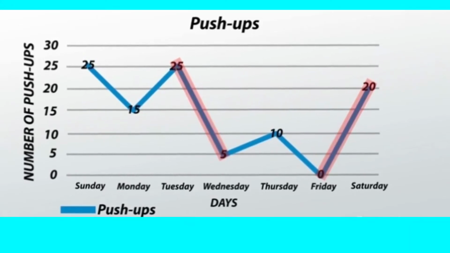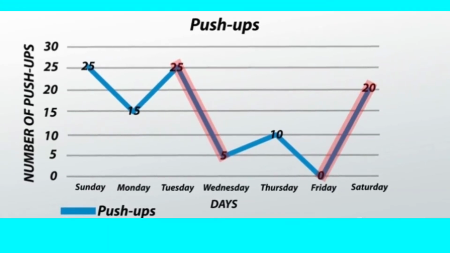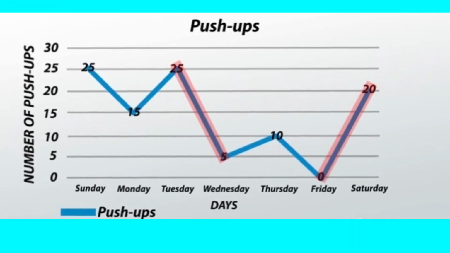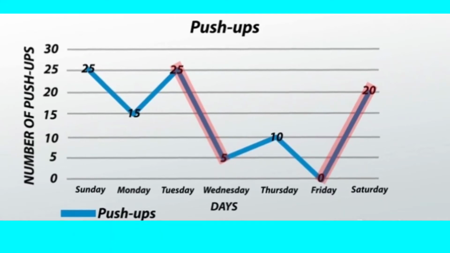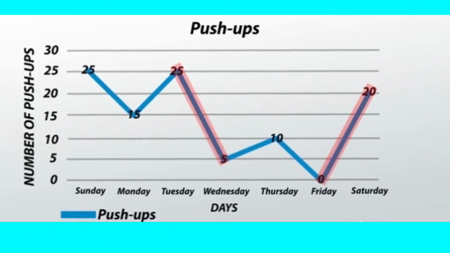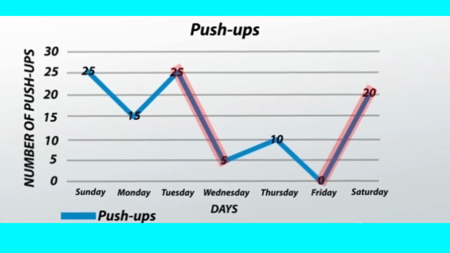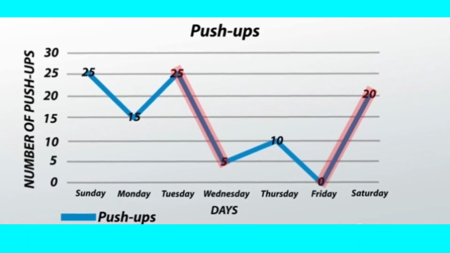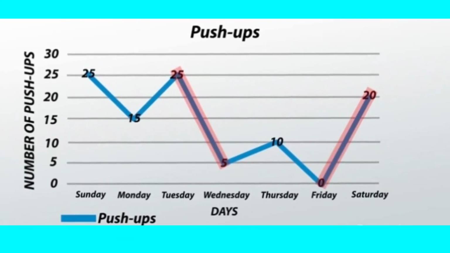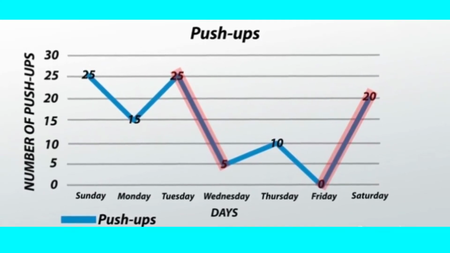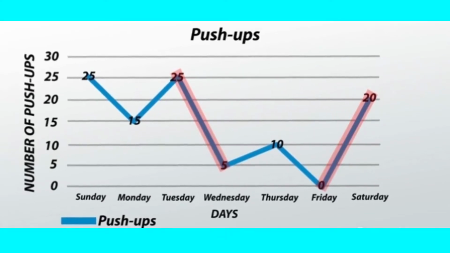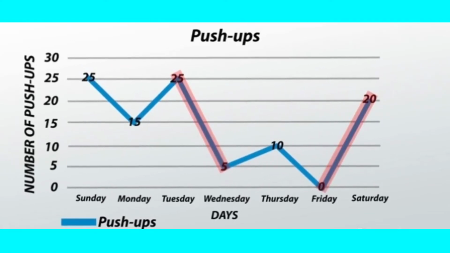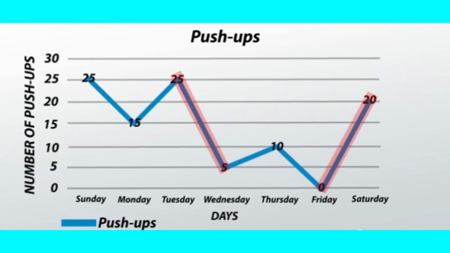Now, there are some important words or vocabulary which should be used for line graphs. So this is a peculiar line graph vocabulary. For example, if there is an upward movement or upward trend, you can use rise as a verb and a rise as a noun.